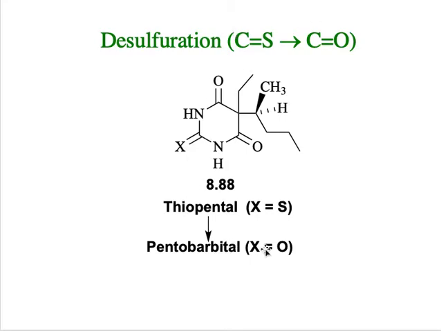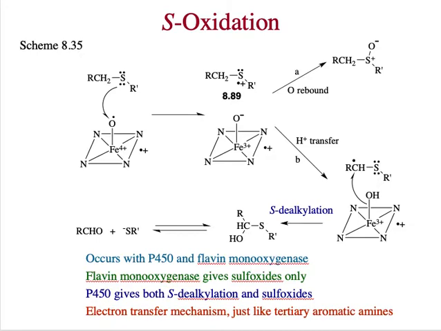It's also used as a sedative in veterinary practice. The body converts the thiopental's C=S to C=O, which is the same thing that happens in, say, dogs. So this is used a lot in veterinary practice.